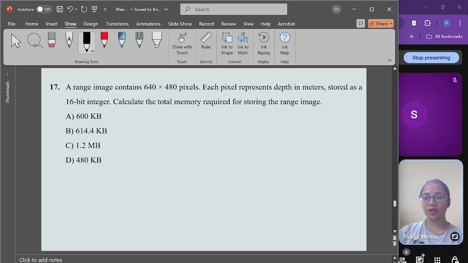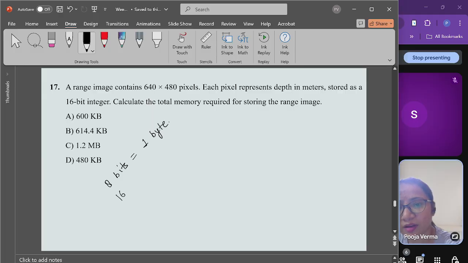First we need to calculate the total number of pixels, then multiply it by 16 bits because it is stored as a 16-bit integer, then convert it into bytes. We already know that 8 bits equal 1 byte. Here it is a 16-bit integer, so that means 2 bytes.